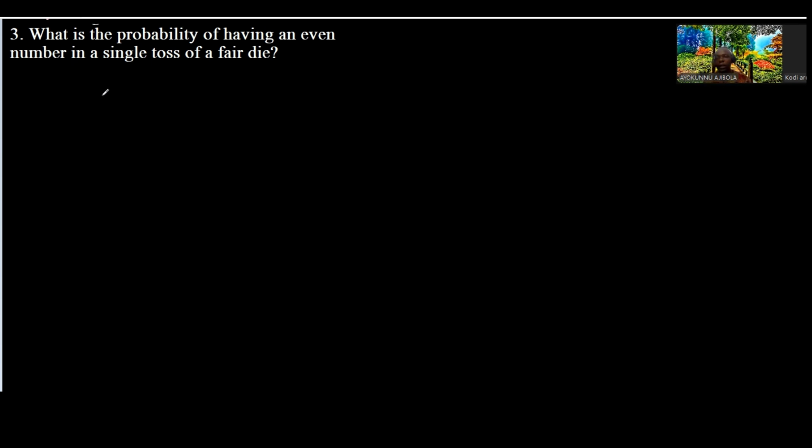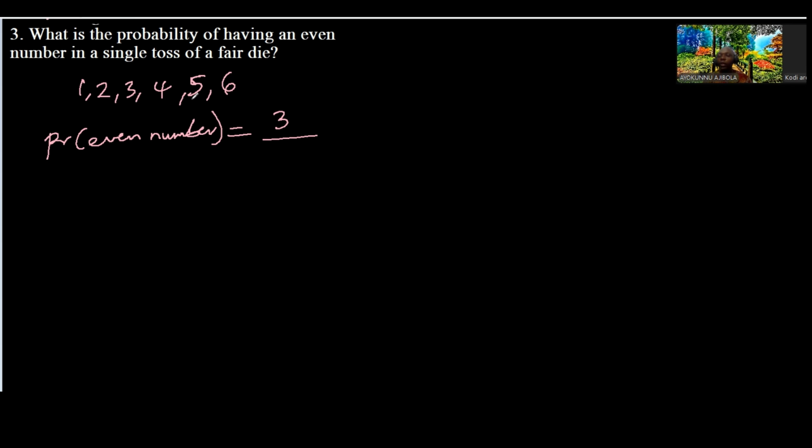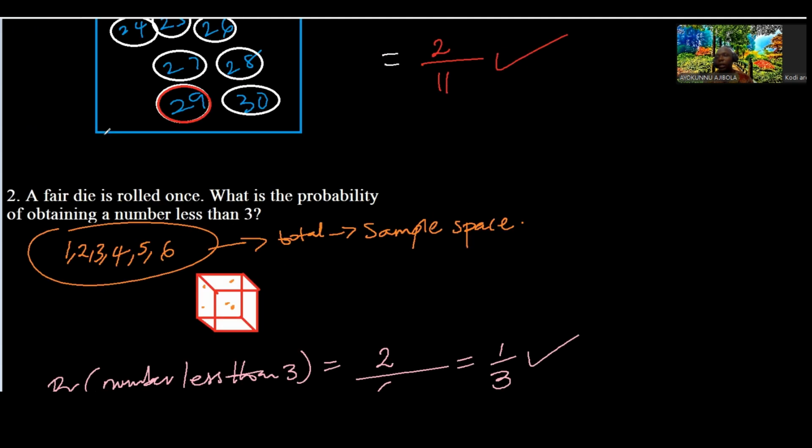That is a normal die. So 1, 2, 3, 4, 5, and 6. How many even numbers are there? Those are three over the total population, which is six, and this will be one over two. Exactly. Yes, sir. Good.